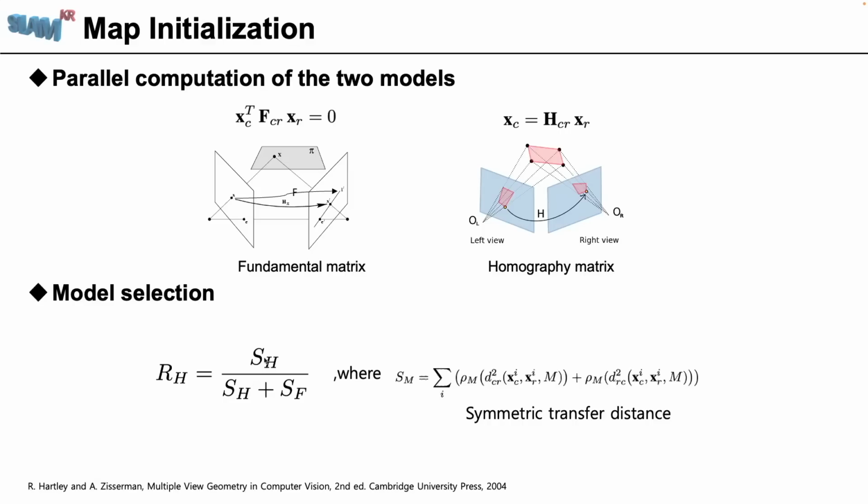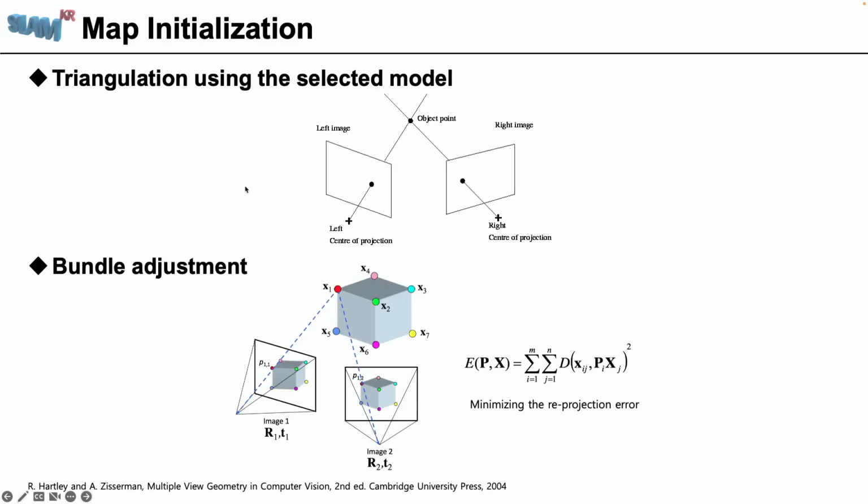Then we select one of them, and we can initialize the map. After selecting the proper model for the scene, that means we know the relative transformation between two views.